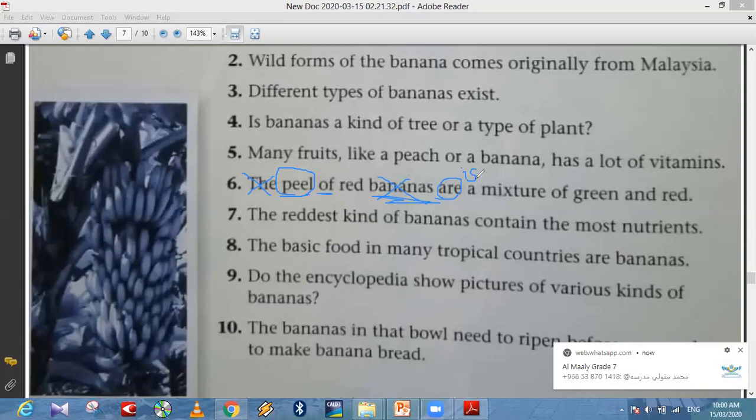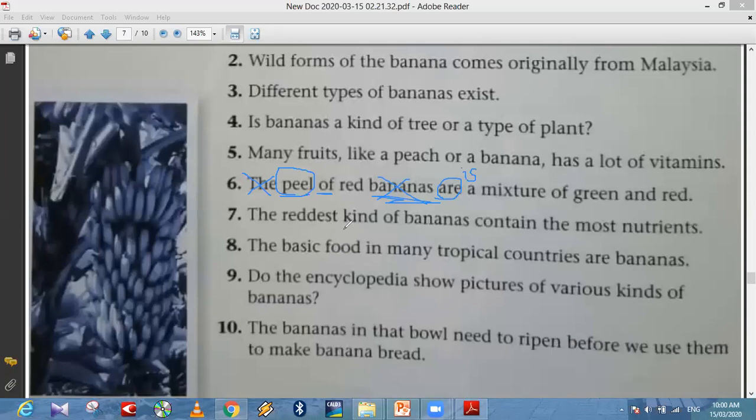Mayar, can you answer number 7 now? The reddest kind of bananas contain the most nutrients. The simple subject is bananas. Reddest is the superlative form of the adjective red.